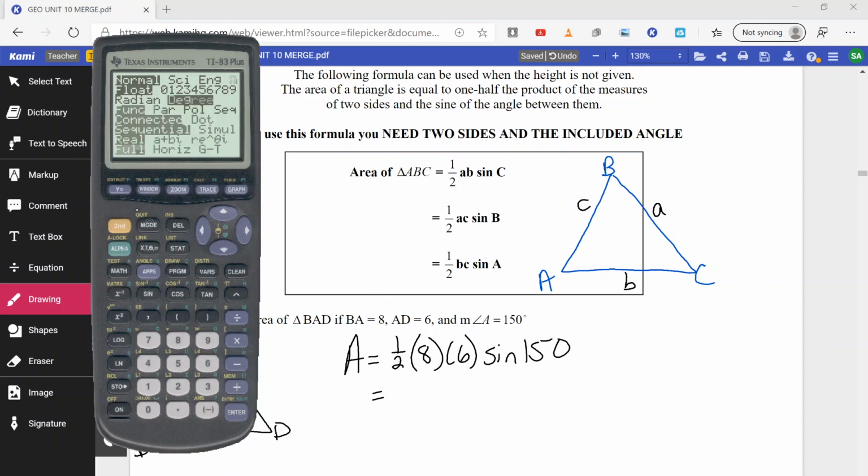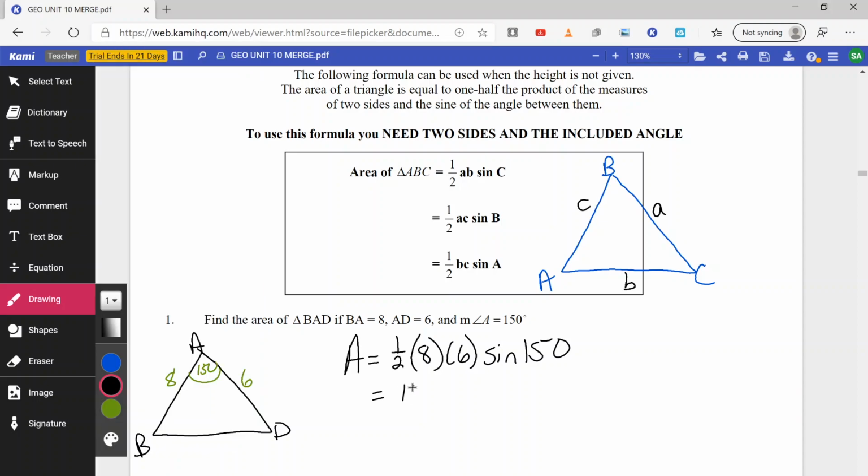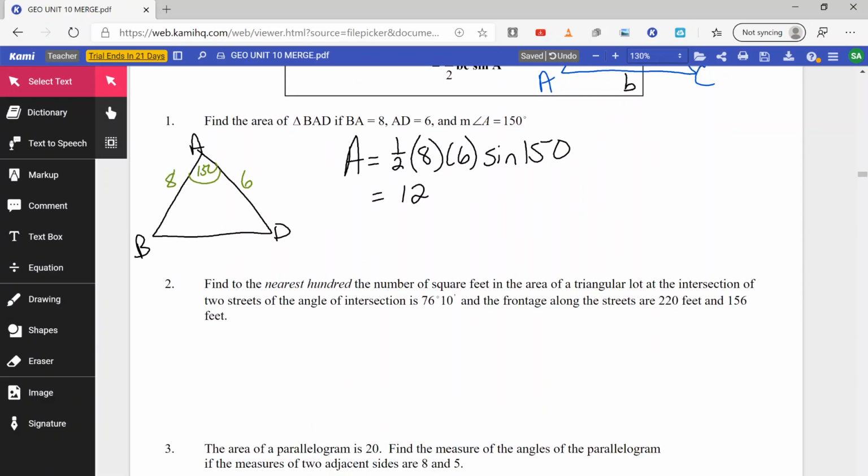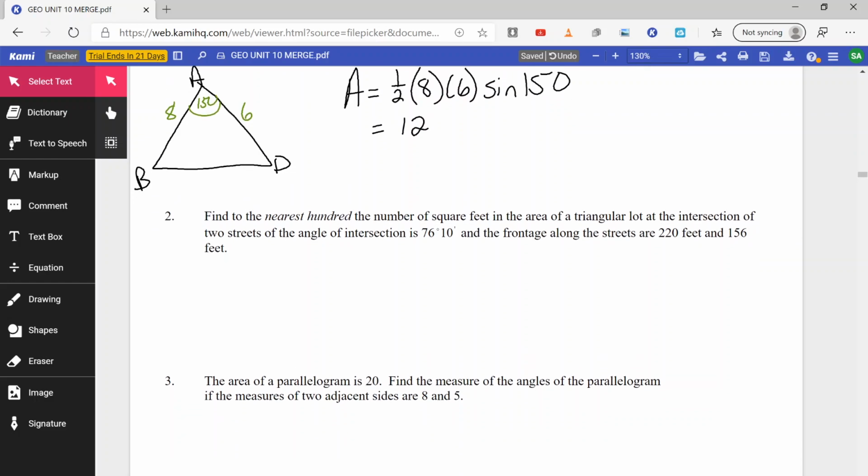Once we have it all set, we can go back to our main screen, and we have 1/2 times 8 times 6 times the sine of 150. And we get an area of 12. That one was pretty nice. Gave us a nice solid number.